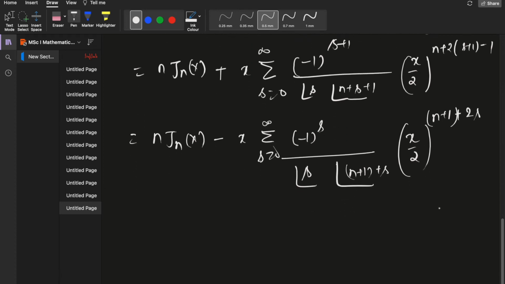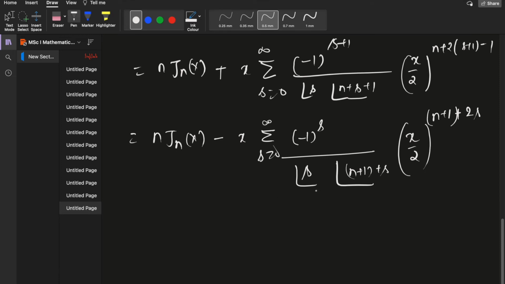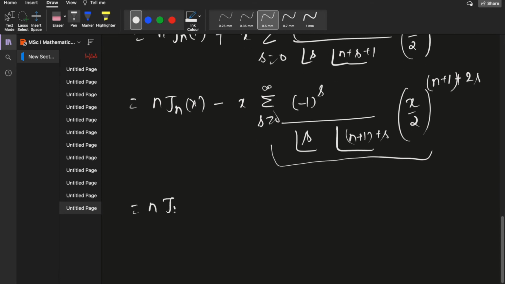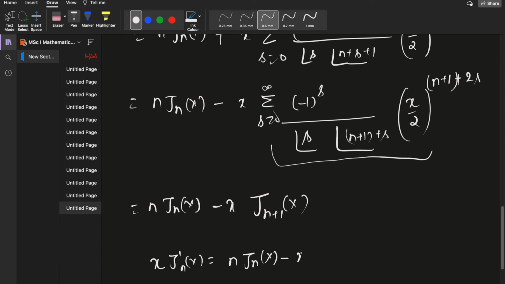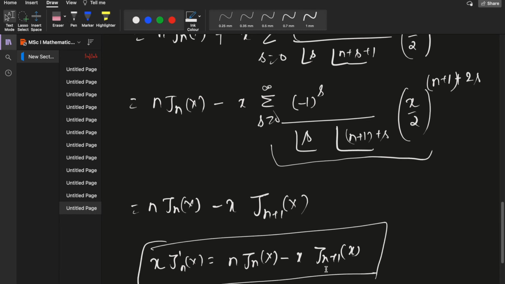Alright, so if I see this term, this is nothing but n Jn(x) minus x times this, which is Jn+1(x). So this was the first recurrence relation: x J'n(x) is equal to n Jn(x) minus x Jn+1(x). So this is the first recurrence relation.